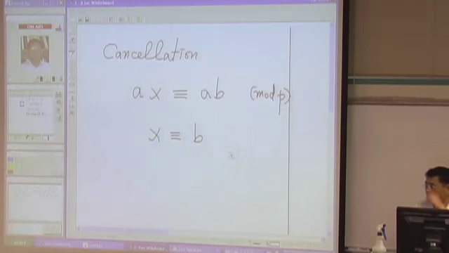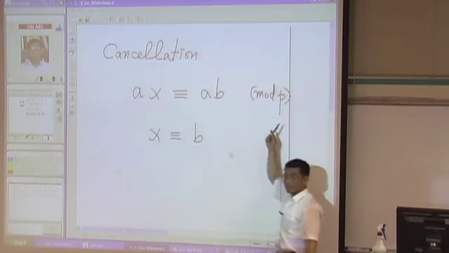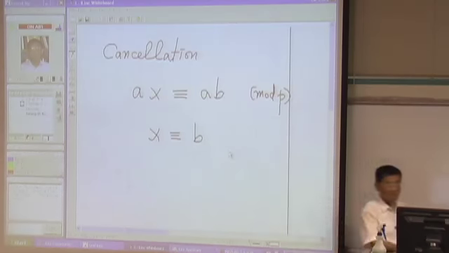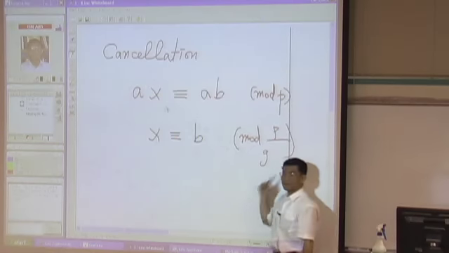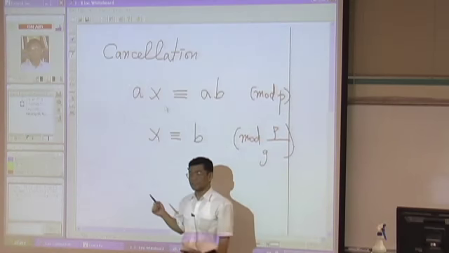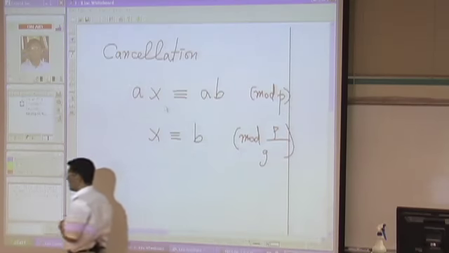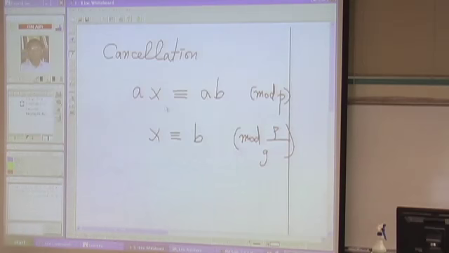Is this correct or not? It's not correct with the same mod. The cancellation law says if we cancel out A, then we must divide the mod by the GCD of A and P. So this is called the cancellation law, and you should know this clearly.